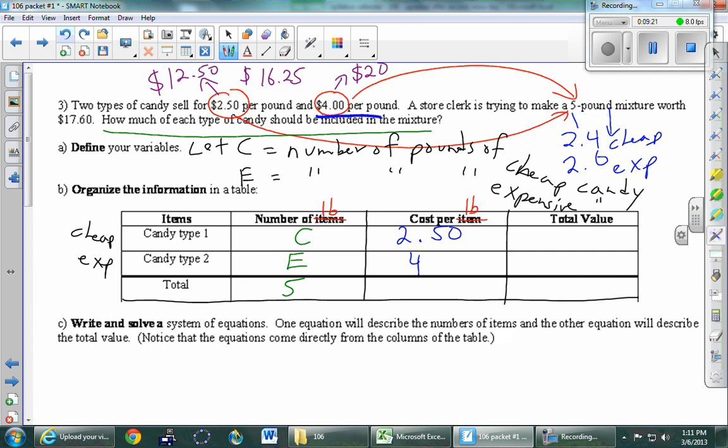Well, we have exactly that, but now it's E pounds and $4 per pound. So we are just going to multiply straight across here, and actually I quite like to fill that in. The first column times the second column equals the third column. That's going to be true for all of our tables today. First column times second column equals third column.